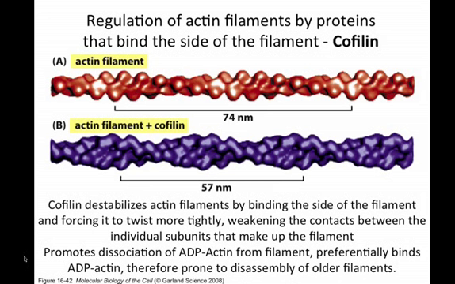What it does is it binds to the side and twists it even tighter, and that weakens the contact between all the individual subunits and causes it to break. So it disassembles actin. What this is showing here is the structure of an actin filament, and when you bind cofilin to it, it has a tighter twist, which is destabilizing.